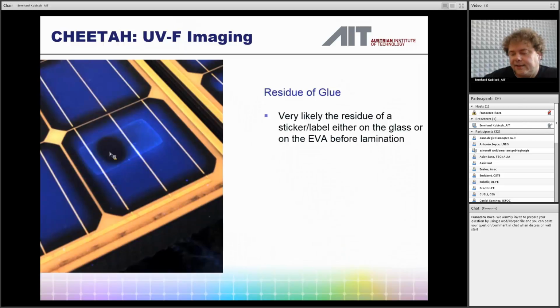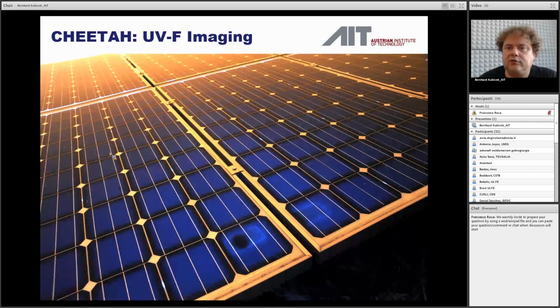Or it could be the grippers were freshly cleaned with some soap, moving the front glass to the soldered strings of the module, and maybe there was some soap left. That's also quite rare to see, but we found it. Here again, you see it on two modules next to each other. I would say that probably it was glue from a sticker somewhere on the packaging of a glass.